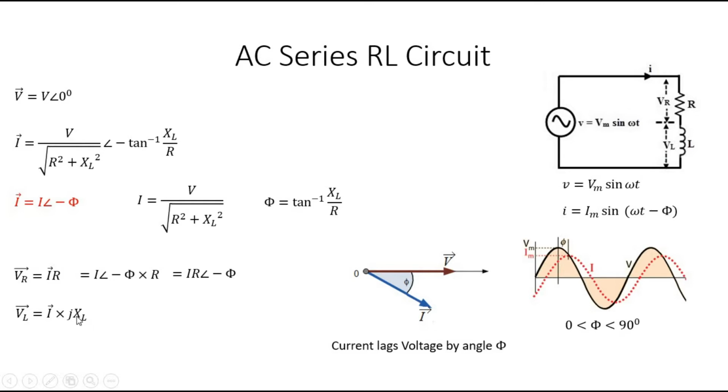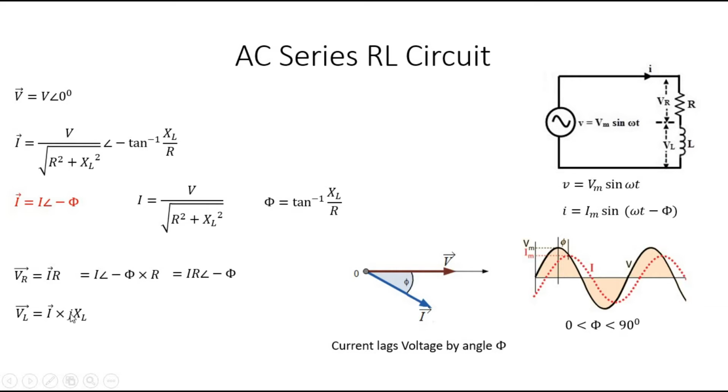The real part is 0. If you are converting it into polar form, the magnitude is the root of real square plus imaginary square.